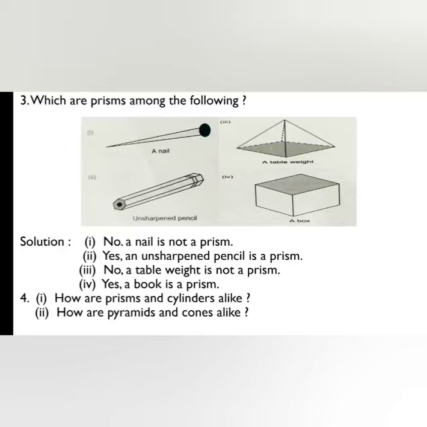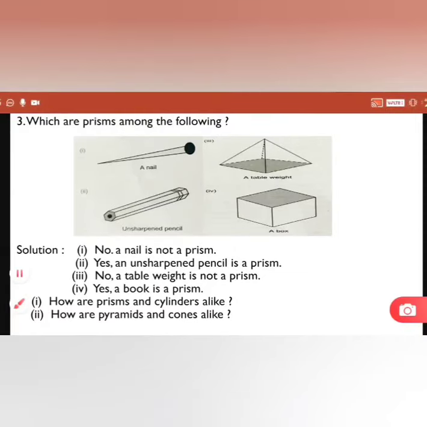We have learned the definition of a prism: the top and bottom, these two opposite faces, are congruent and the lateral faces are parallel to each other. In the figure of the nail, you can see the top part is circular, but the bottom part of the nail is pointed. So it is not a prism.